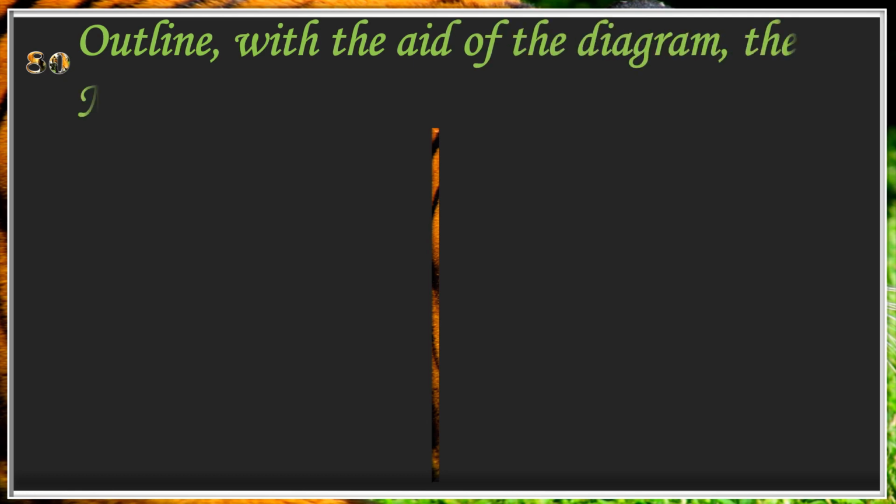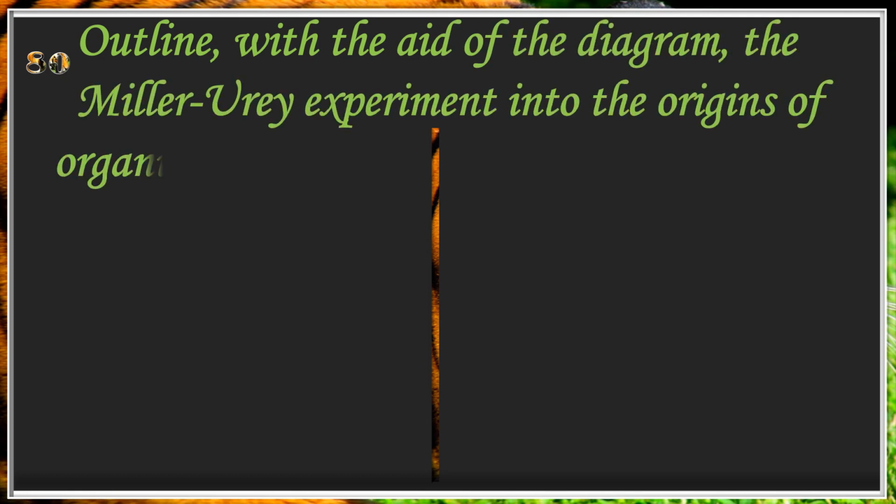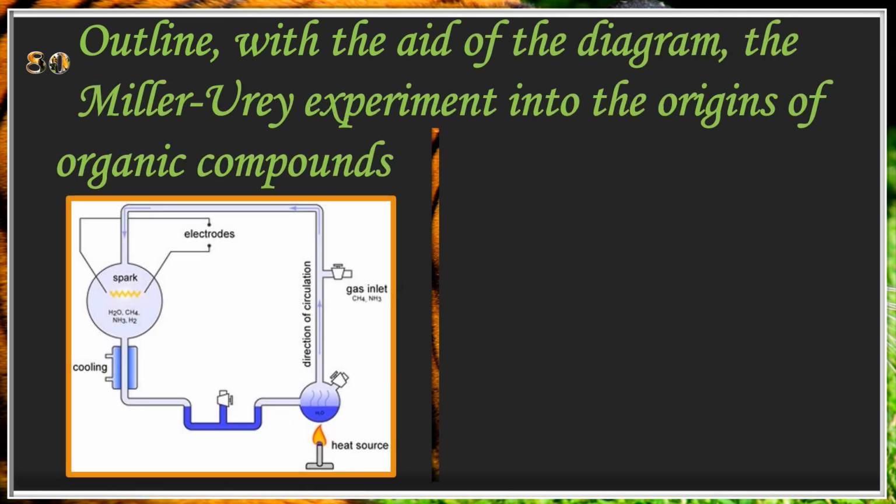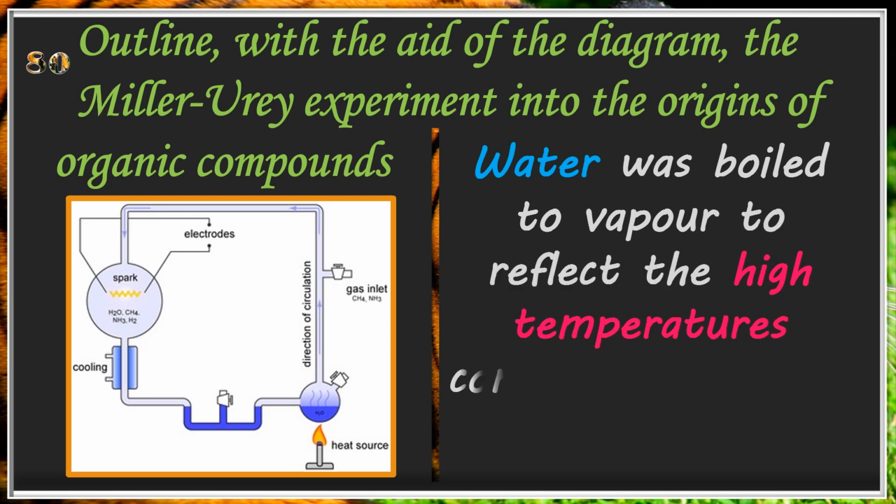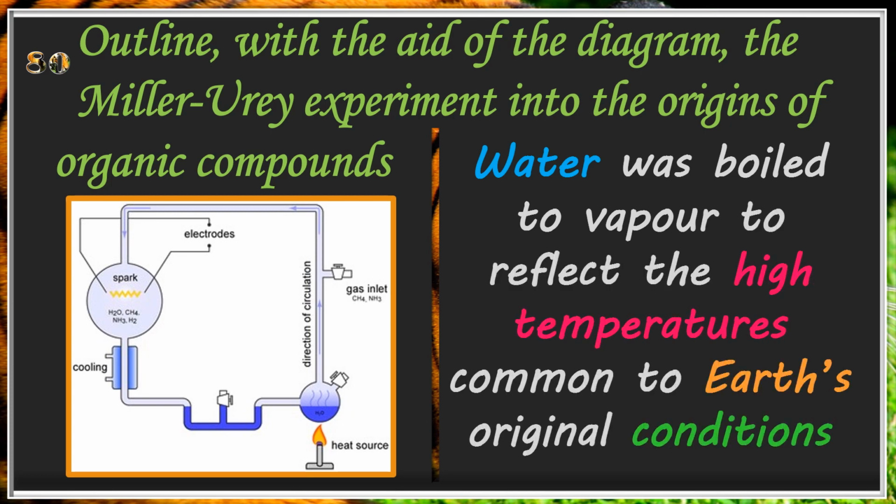Outline with the aid of the diagram the Miller-Urey experiment into the origins of organic compounds. Water was boiled to vapor to reflect the high temperatures common to Earth's original conditions.